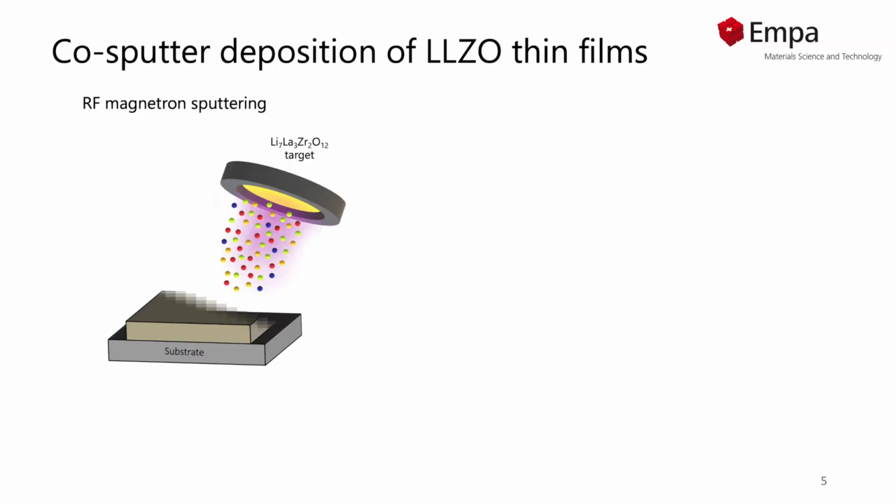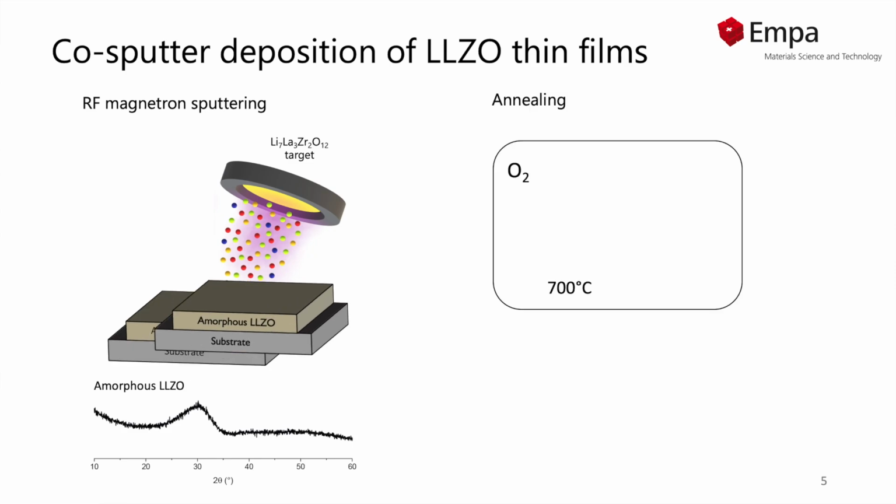We developed a method to fabricate LLZO thin films with properties comparable to the bulk. Let me explain how this method works. We use a typical magnetron sputtering system with a stoichiometric LLZO target, which is sputtered onto a substrate, forming an amorphous LLZO film.